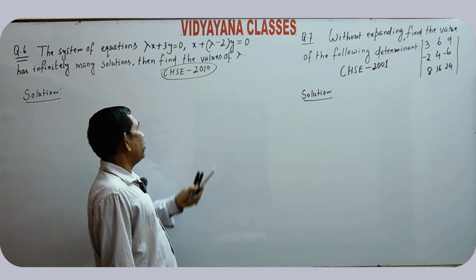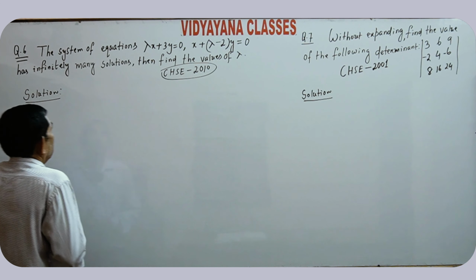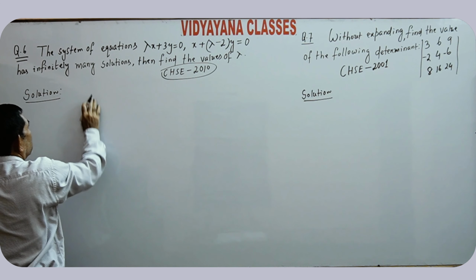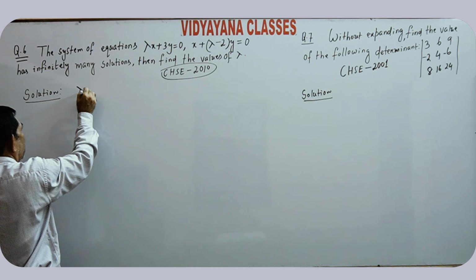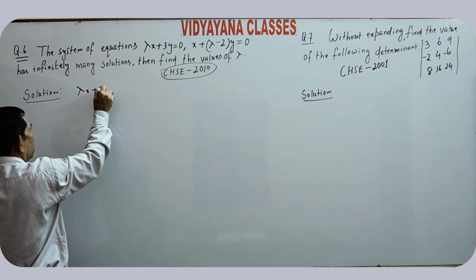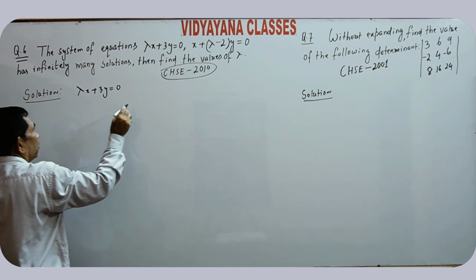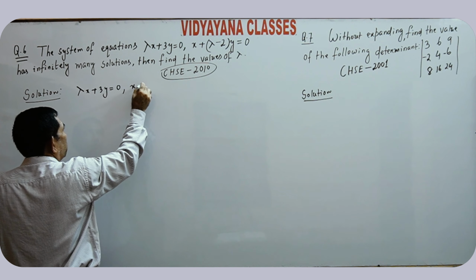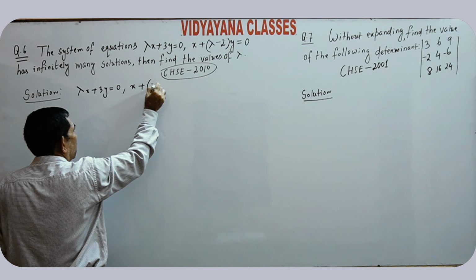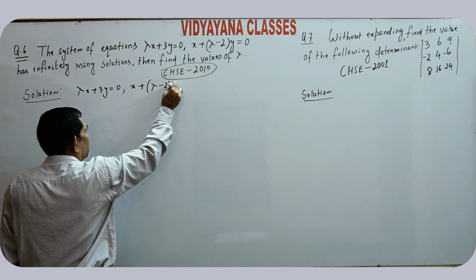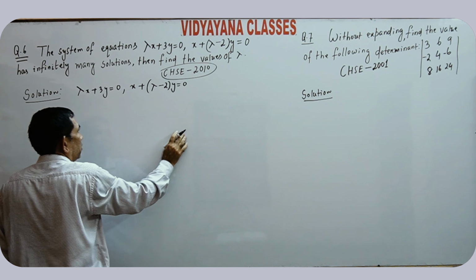Then find the values of lambda. Lambda x plus 3y is equal to 0. X plus lambda minus 2 into y is equal to 0.